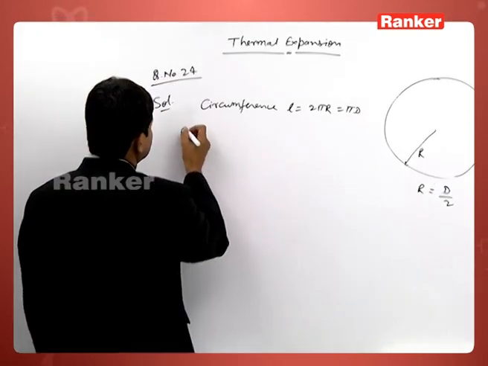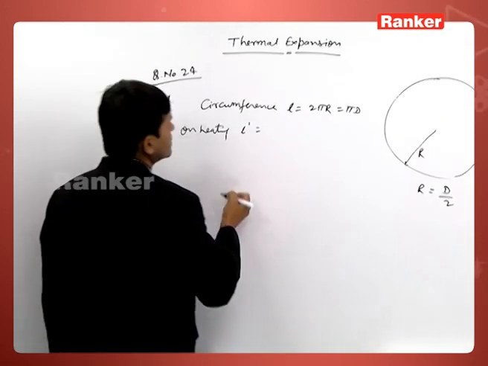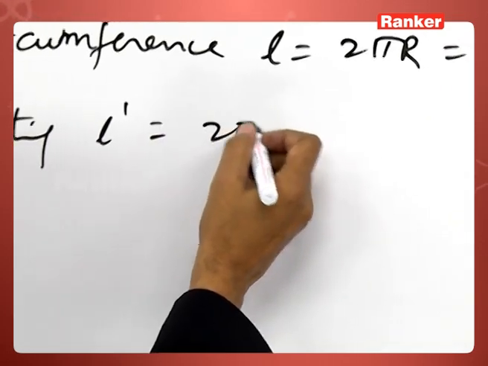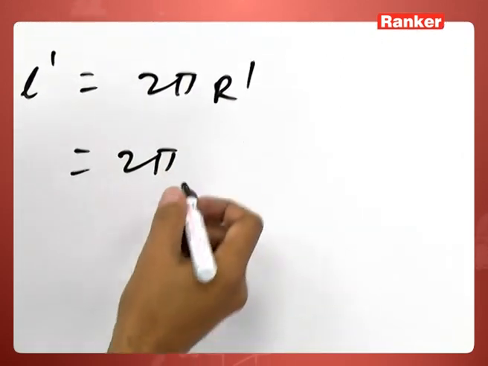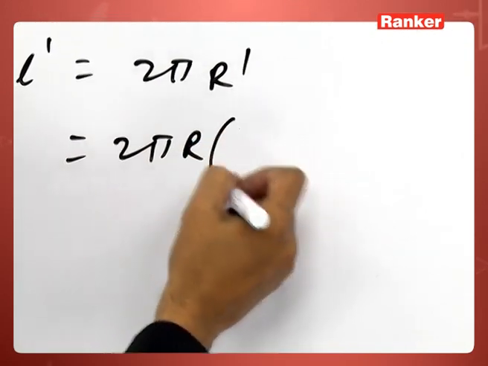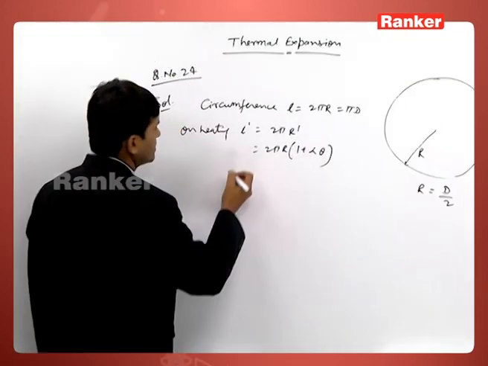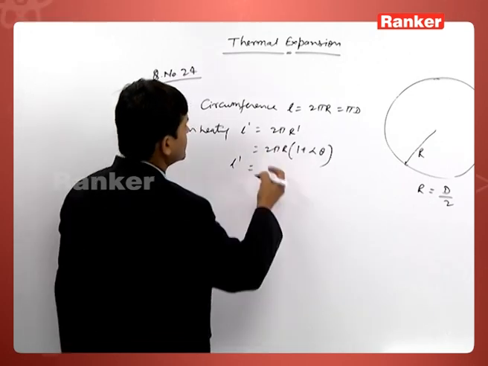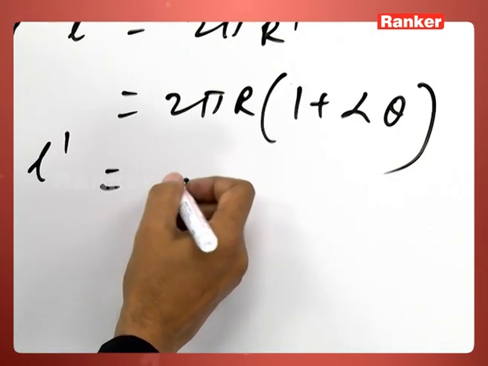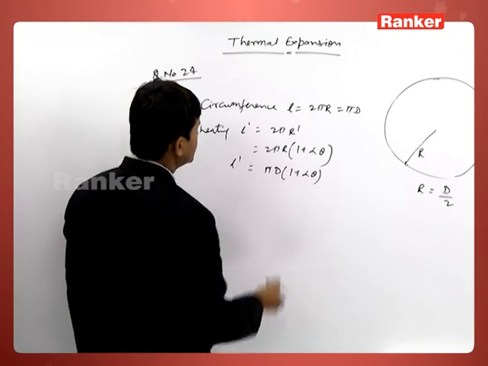On heating, L dash is 2 pi r dash, where r dash means r into 1 plus alpha theta. So L dash is pi d into 1 plus alpha theta.